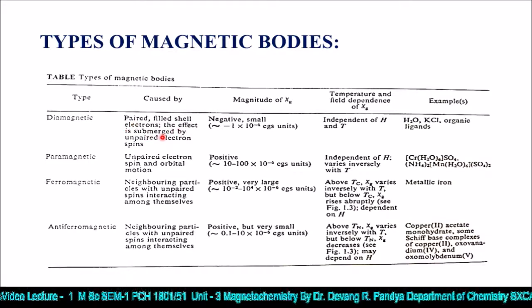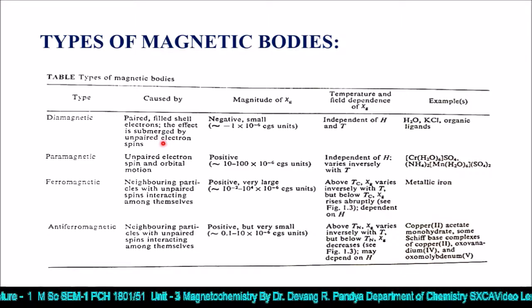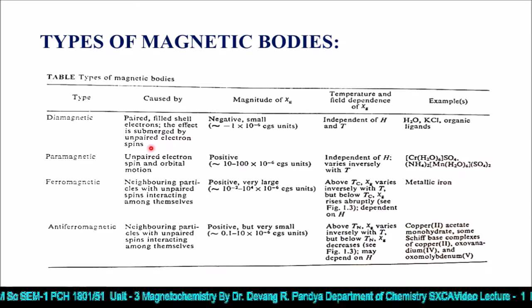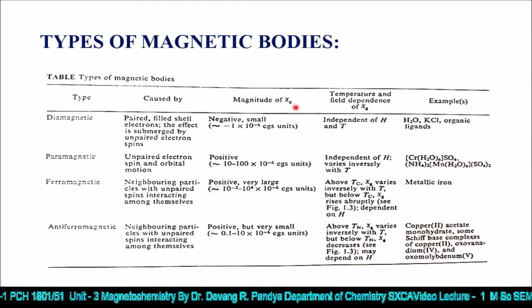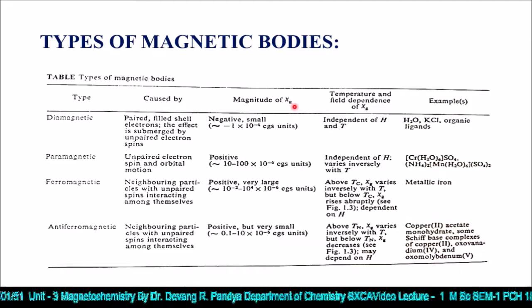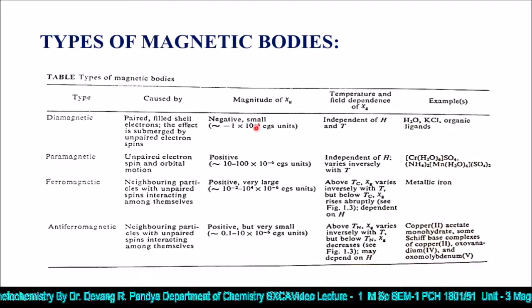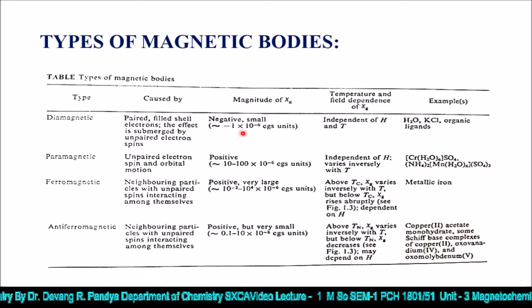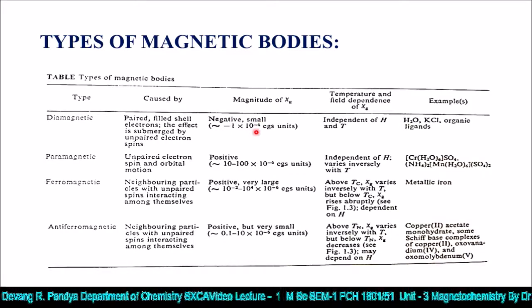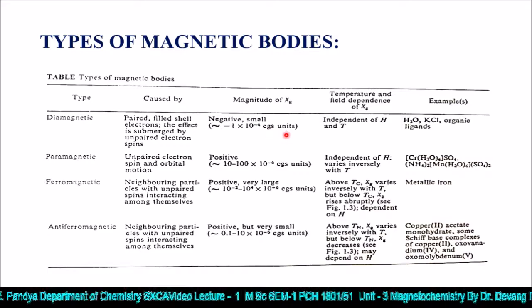The effect is submerged by an unpaired electron spin, and the magnitude of chi g, that is gram magnetic susceptibility, is negative or small, that is -1 into 10 raised to -6 CGS unit.